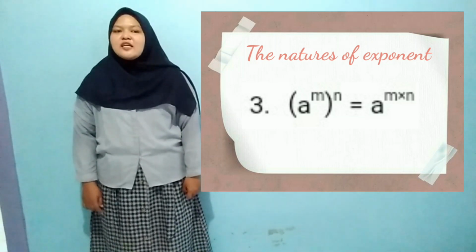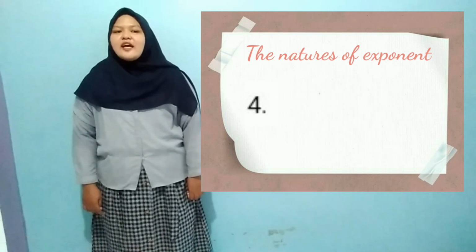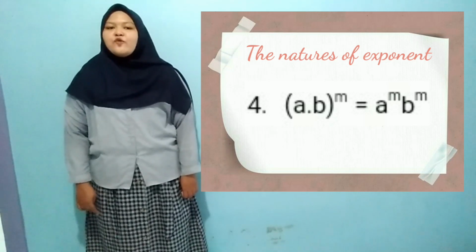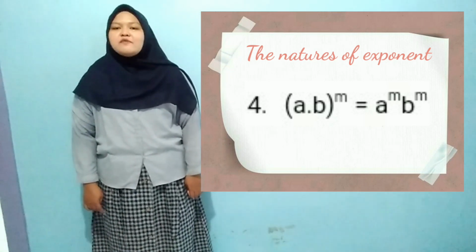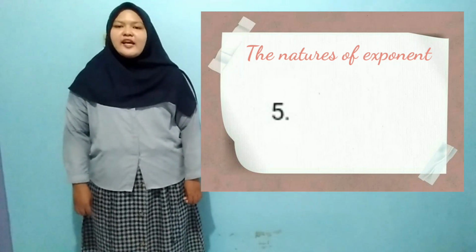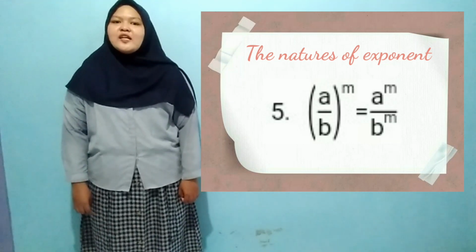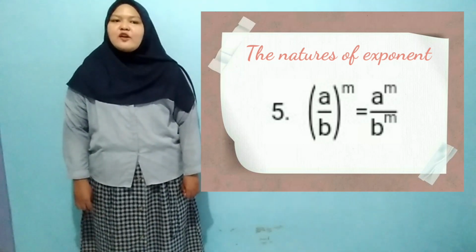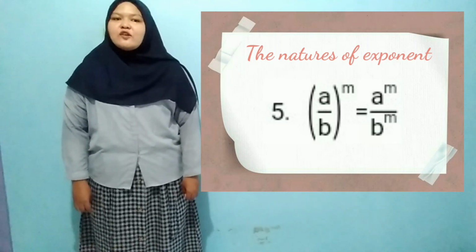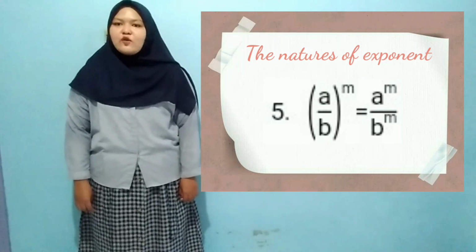If in brackets, the powers must be multiplied. 4. a times b in brackets to the power of n equals a to the power of n times b to the power of n. 5. a divided by b in brackets to the power of m equals a to the power of m divided by b to the power of m. The condition is that b, the denominator, cannot equal 0.